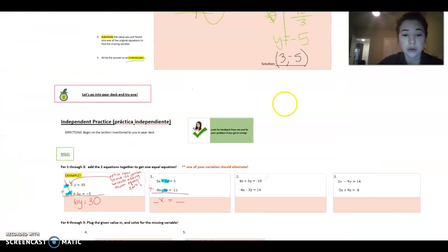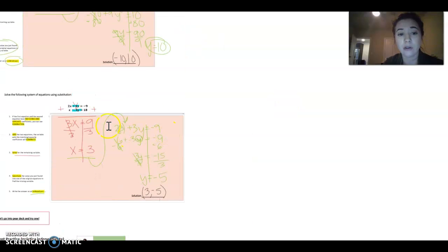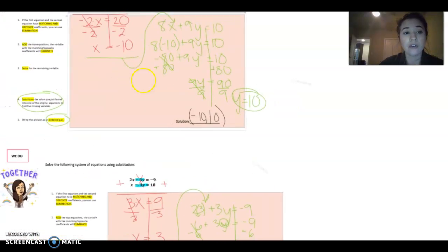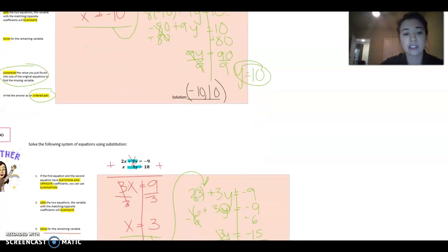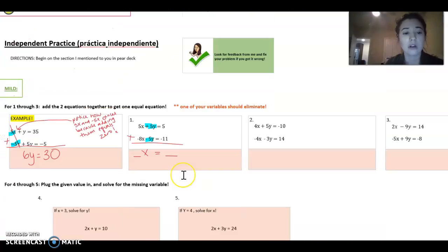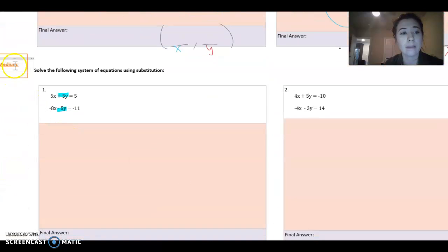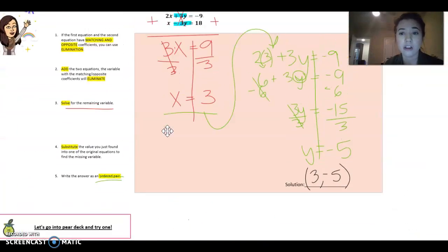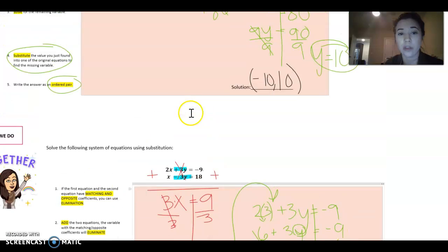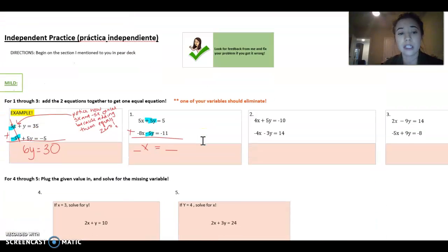What I want you to do is, based on how this went for you, if you felt like this went pretty easy and naturally and you feel like it's not too hard for you, I want you to start at the medium section. If you feel like this is pretty hard and you still need some more work with the beginning stuff, I want you to start on the easy section, where we start by just eliminating.